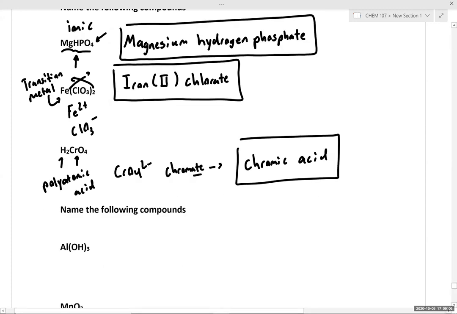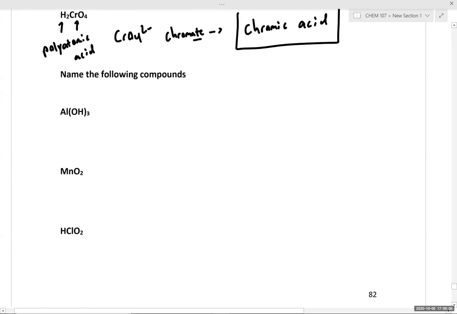Okay, so let's now have you work on these 3 examples. Let's spend about 4 to 5 minutes on these 3 examples, and I'd like you to propose names for the following 3 compounds. Don't be shy to share your proposed names for each of these compounds in the chat, and if you have any questions, don't be shy to share your questions in the chat or verbally, and we'll discuss this example in about 4 to 5 minutes.